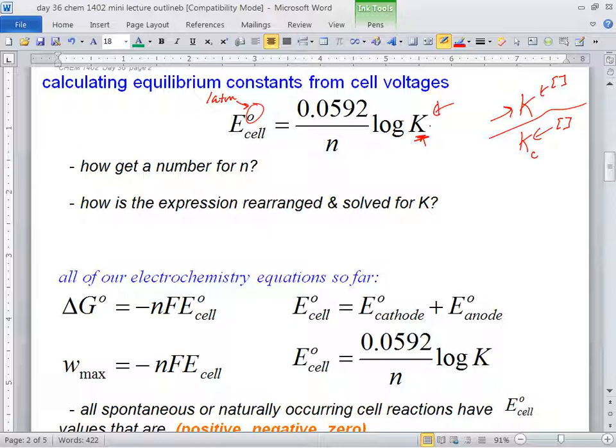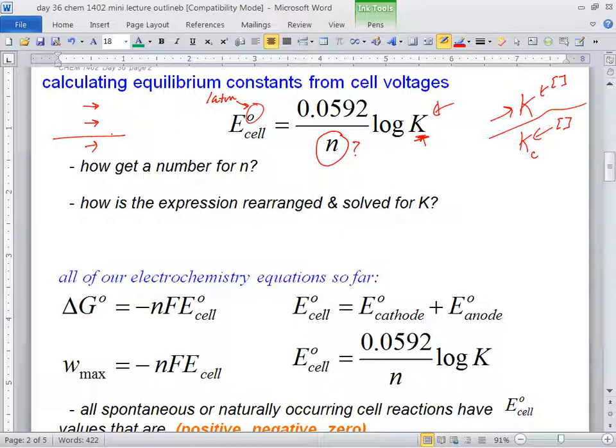Now, if we're going to rearrange this equation and get K, we have to know what N is going to be. What is N? Anybody know? Moles of something. Moles of e negative. Okay. How do you get the moles of e negative? Well, how do you get E0 cell in the first place?